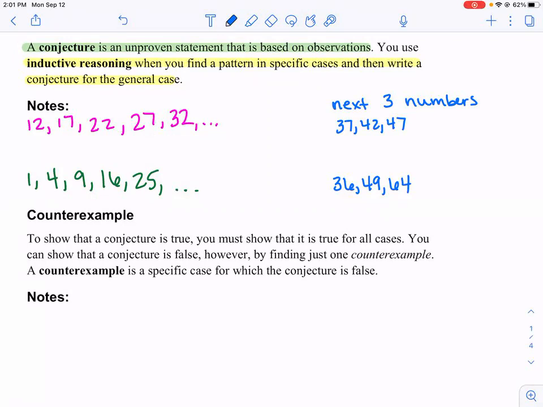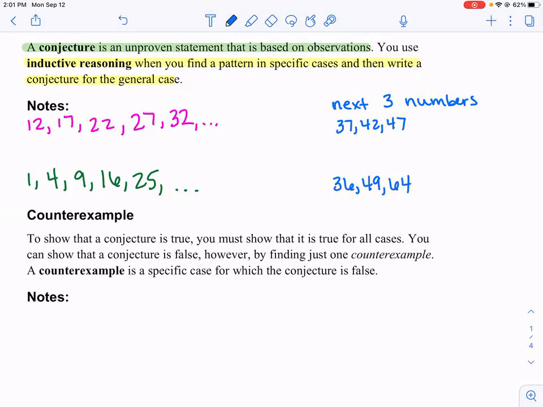Yeah, she was agreeing with you. Okay. So we made a conjecture. We figured out what the next 3 terms were going to be based on our pattern. I thought Zach had something to add.